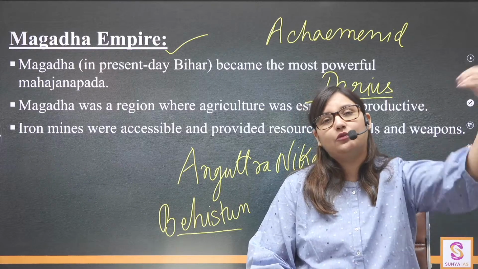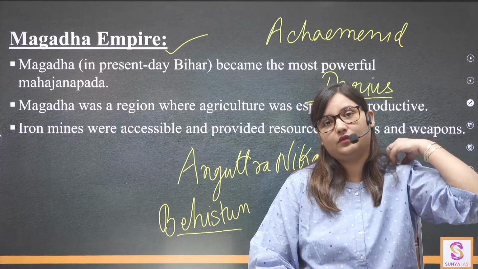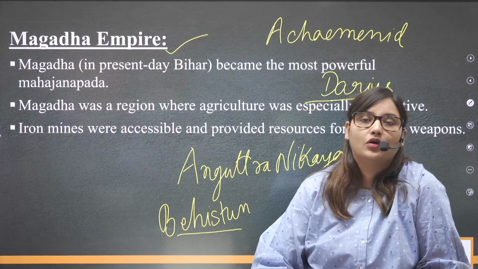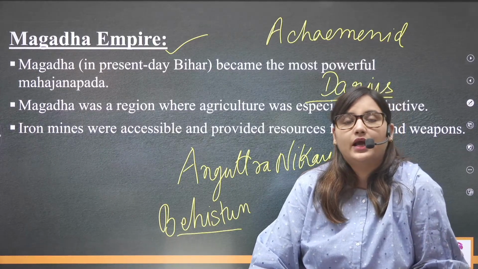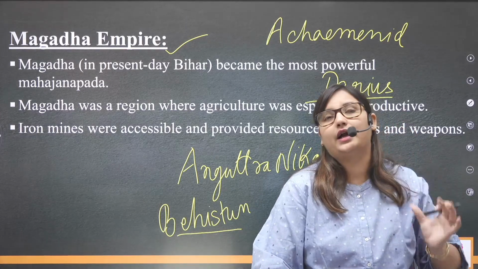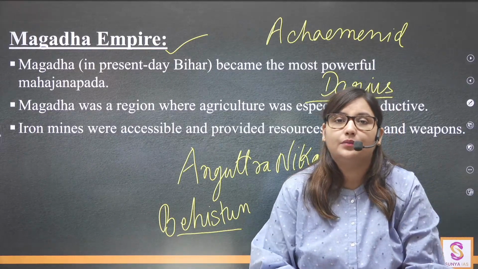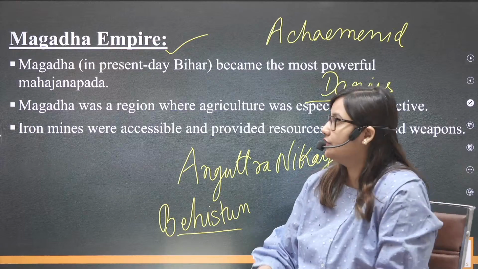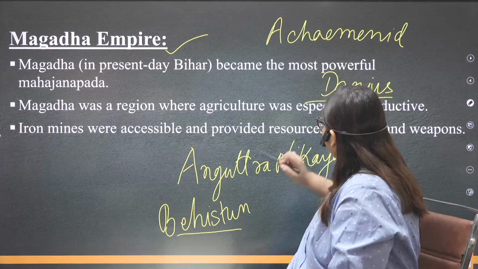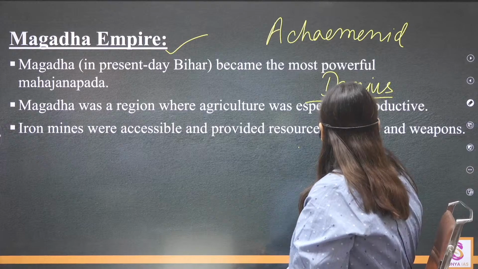Next point, it's a star, very important. The Kuru tribe was formed because of the alliance and merger between the Bharata and Puru tribes.